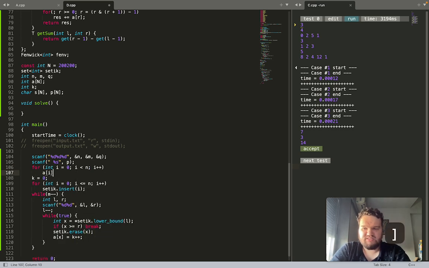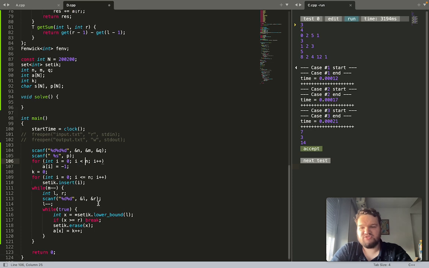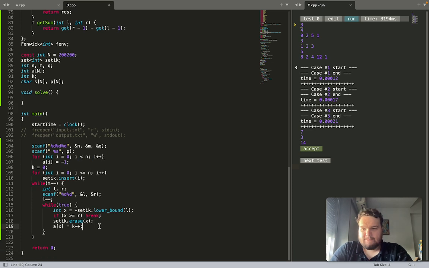Let's put -1s in the beginning so that if an element is unused, it will have position -1. Alright, so now I want to just re-enumerate the whole string.